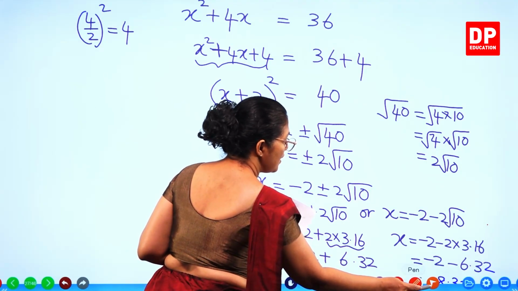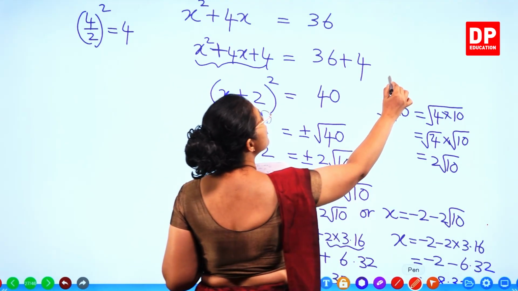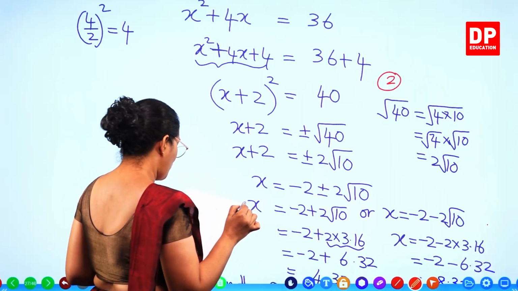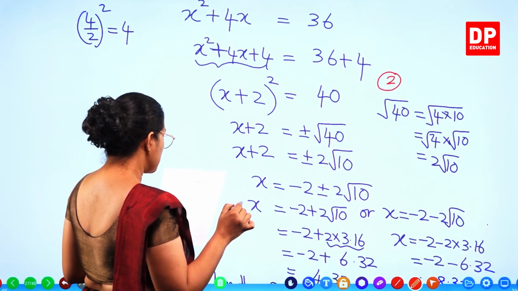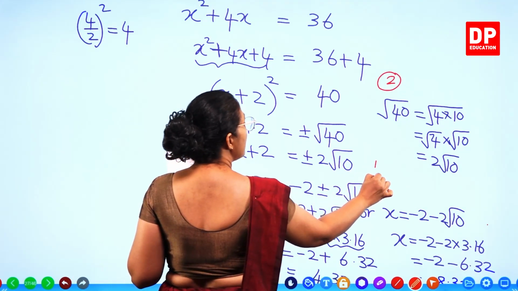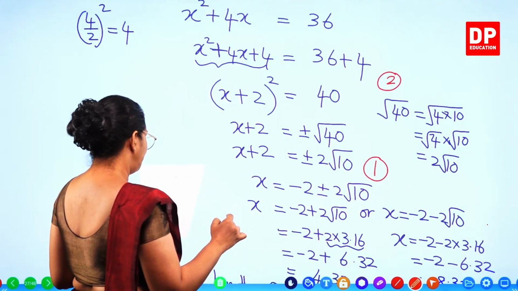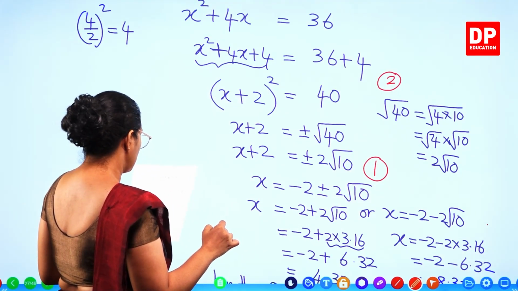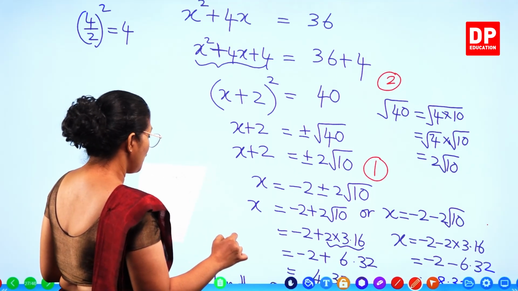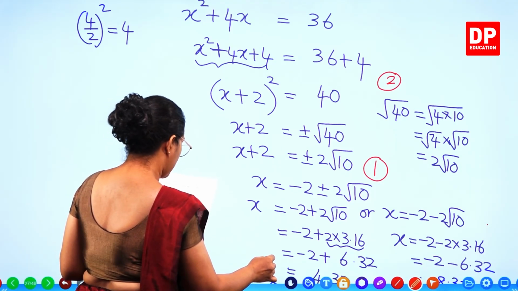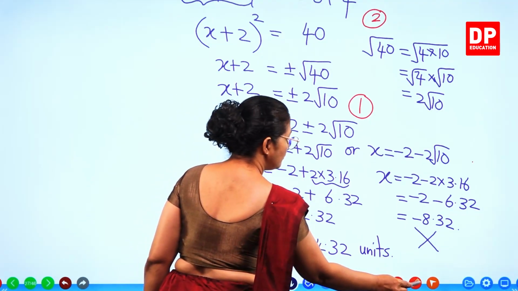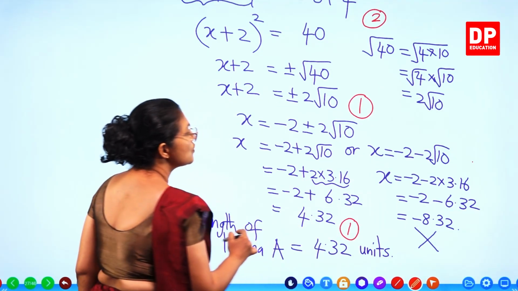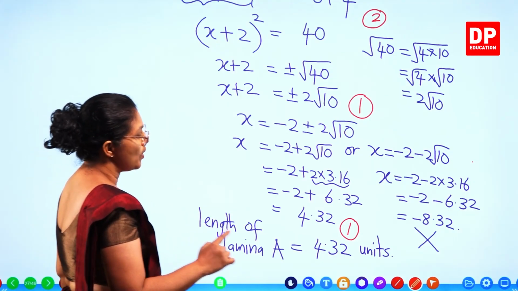Using any correct method, there are 2 marks for square root 40. And then substituting values, here 1 mark. And for the final answer, another 1 mark. So 3 marks for that question.